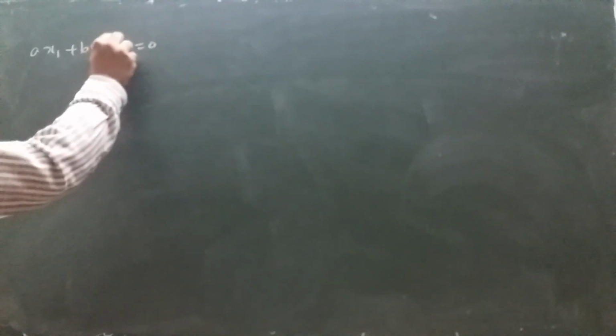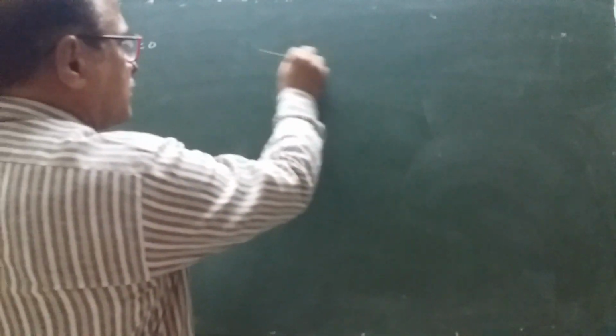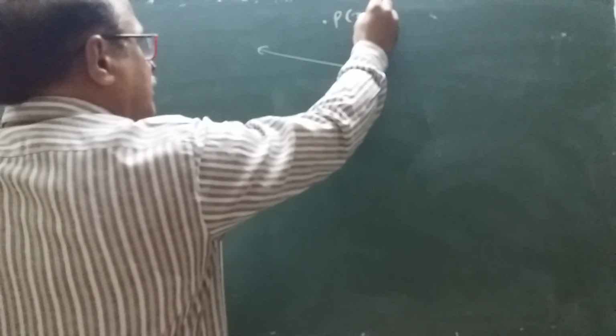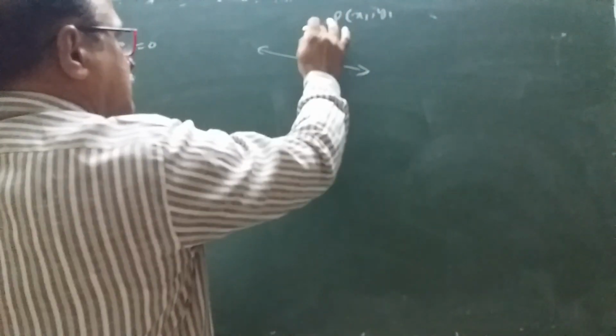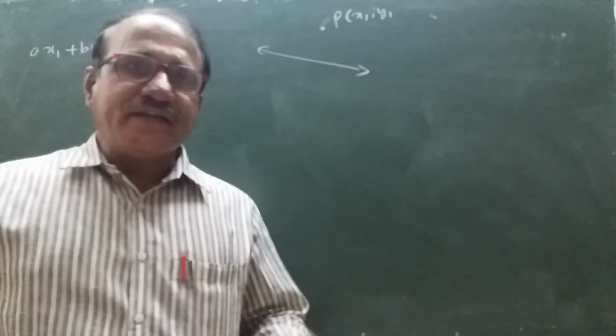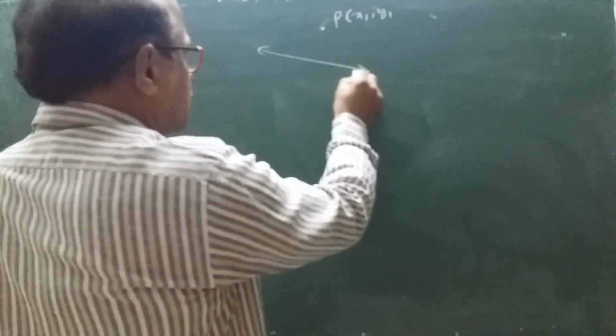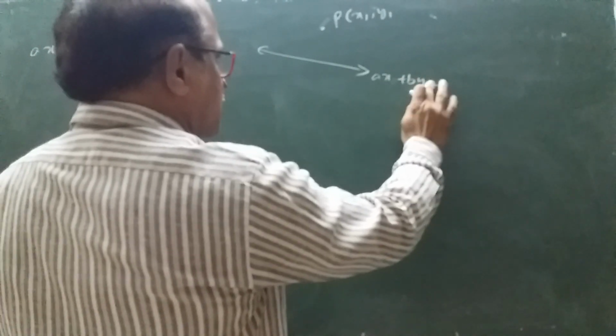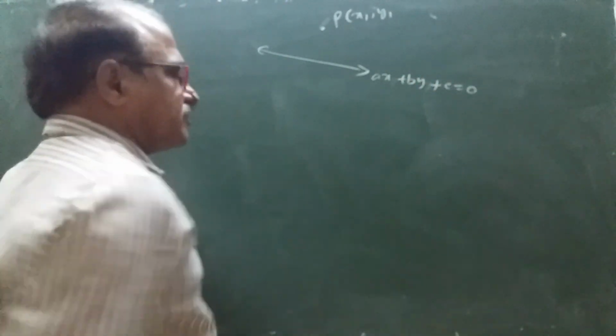The two relations are: if ax plus by plus c is equal to 0 is a straight line given in the plane. Suppose this is the straight line, and this is P(x1, y1), a given point. Now we have to find the equation of this line. ax plus by plus c is equal to 0 is given.